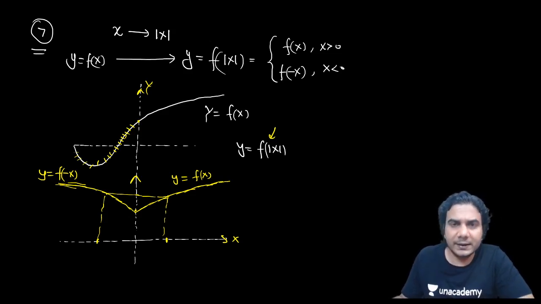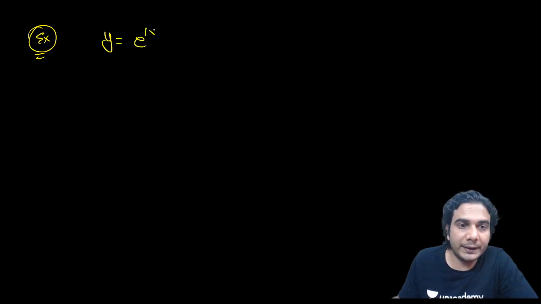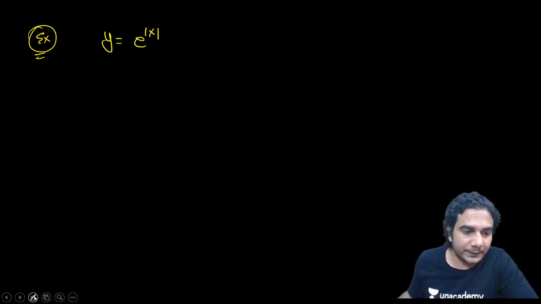Now let's see some examples, and it will make things clear. Example 1. We need to plot y equals e raised to mod of x. All right, so see how to plot it.